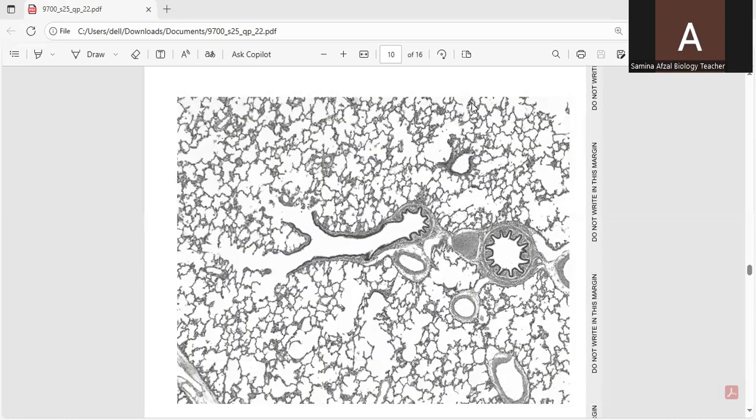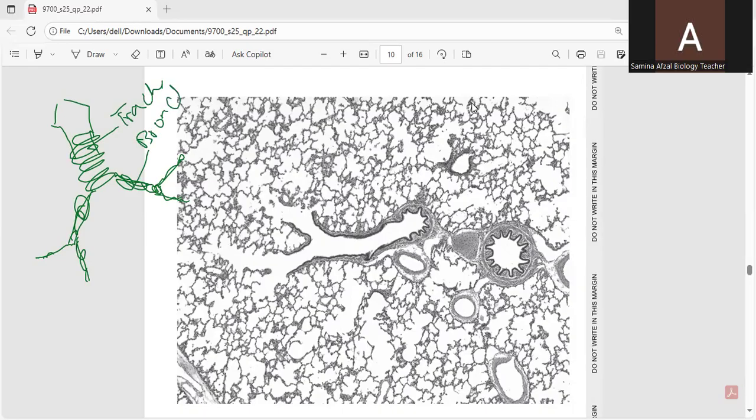First of all, you can see here the trachea, which is C-shaped, then the bronchus, the bronchiole, and the alveoli. On this diagram, you can see a clear-cut bronchus.